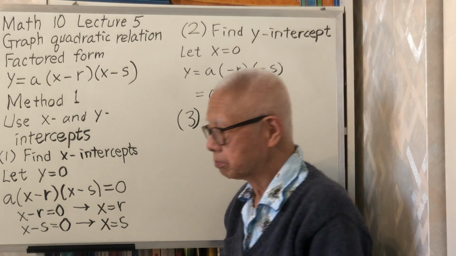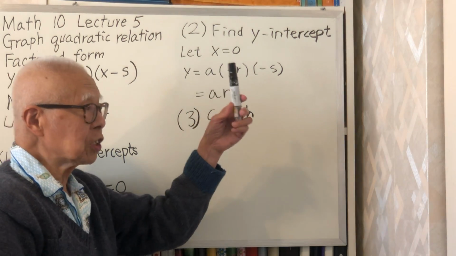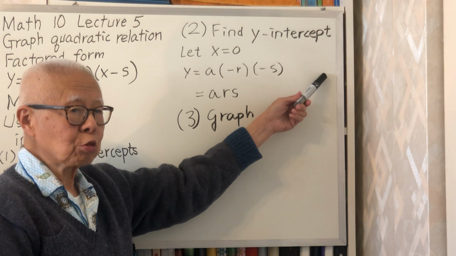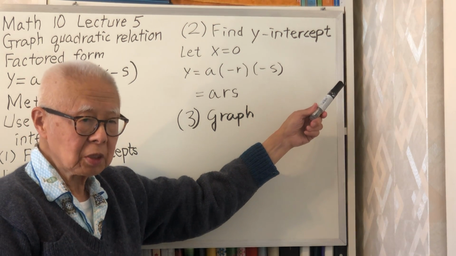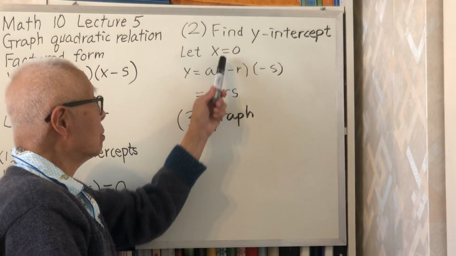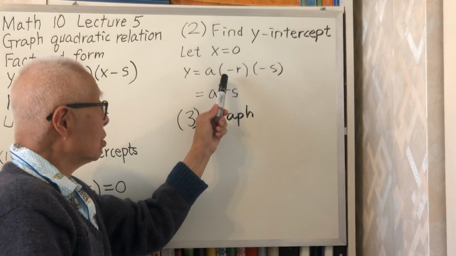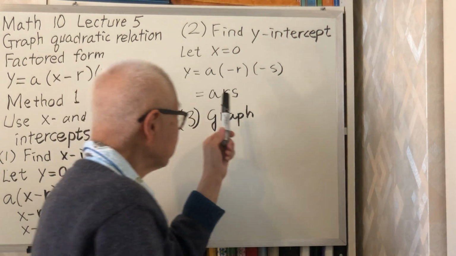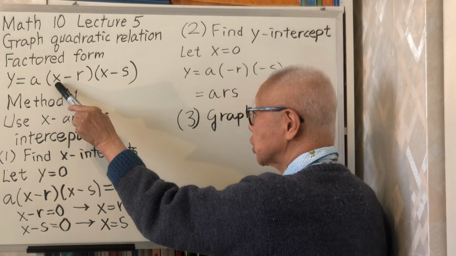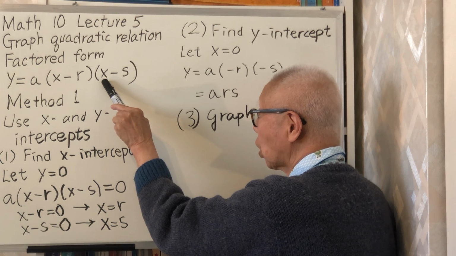The next is to find the y-intercept. To find the y-intercept, you let x equals 0. So in here, x is 0, and this x is also 0.